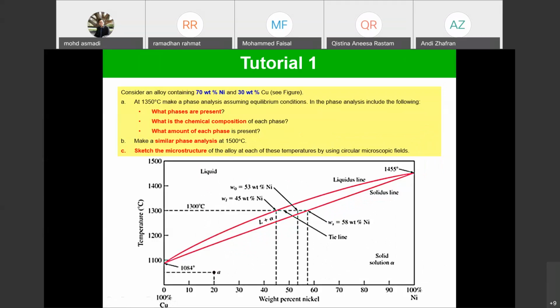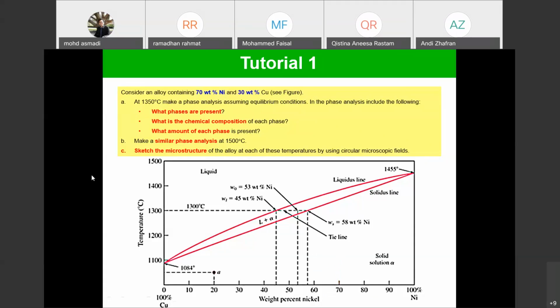Let's try first. What phases are present? Can you see here? What phase can you see? Initially, the starting W naught is 70%, so it's around here.